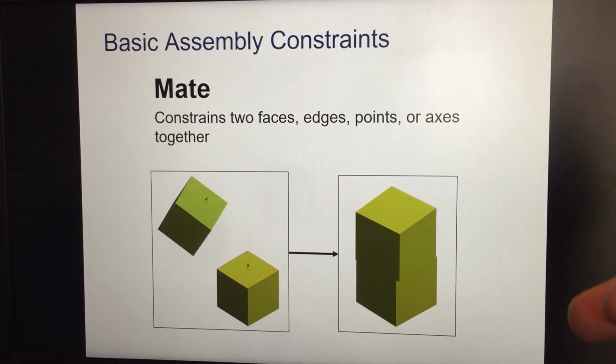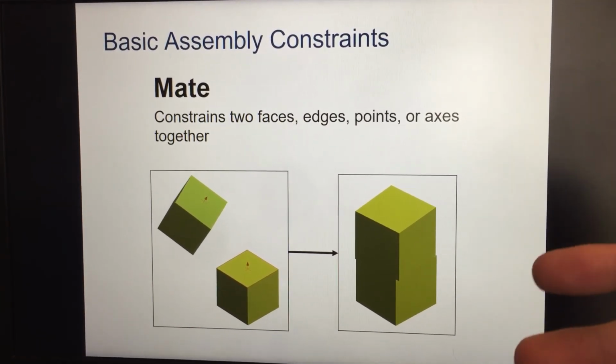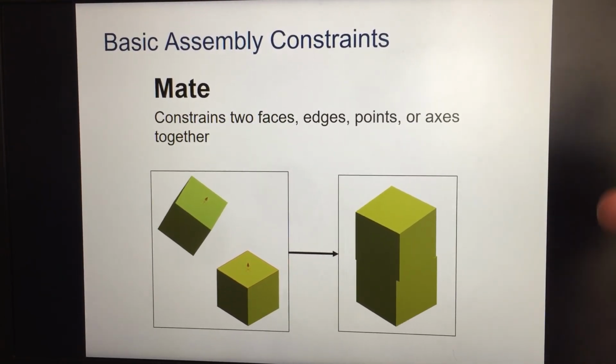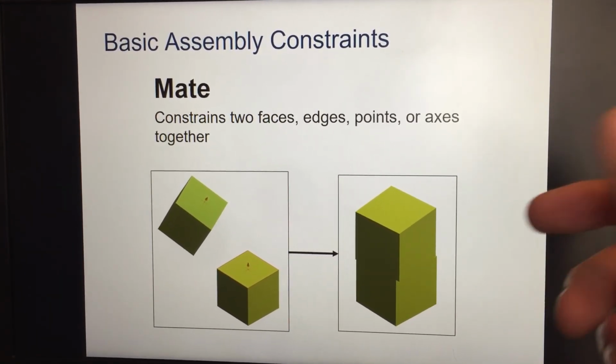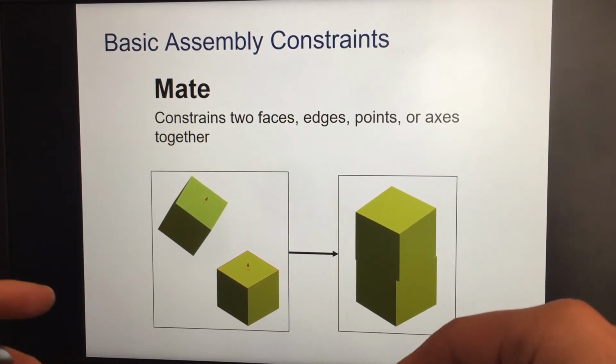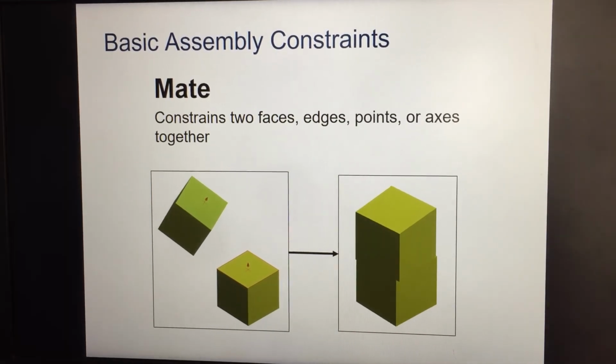You may not think there are constraints that are interfering, but just go back and check and make sure that there's nothing else in the way, or that you didn't accidentally constrain to an edge instead of a face, because you can constrain to the face of a surface or one of the edges. So there are different things there to make sure you're looking into.